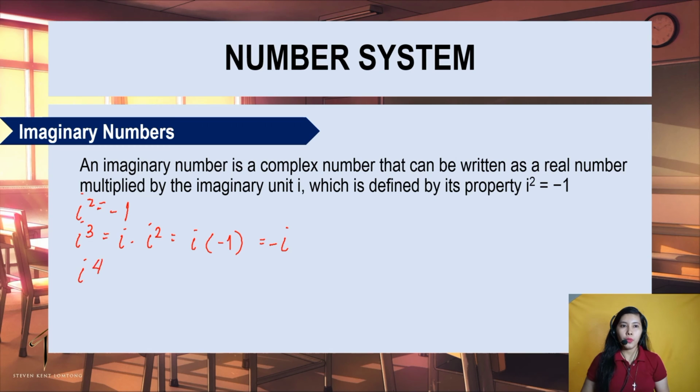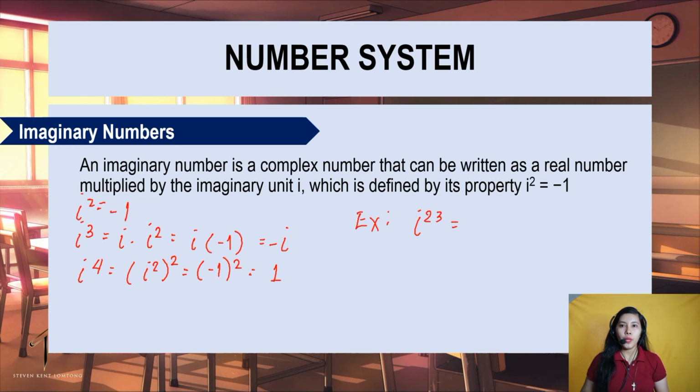Now, to compute for i raised to 4, it can be expressed as i squared raised to 2, but i squared is equal to negative 1. So negative 1 squared is equal to positive 1. So what if we have, for example, i raised to 23? To solve for this imaginary number, we have to express it as a product of two imaginary numbers.